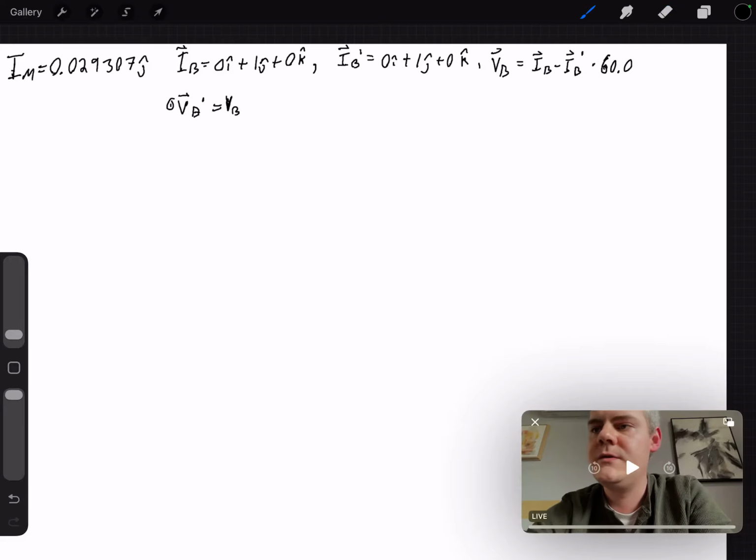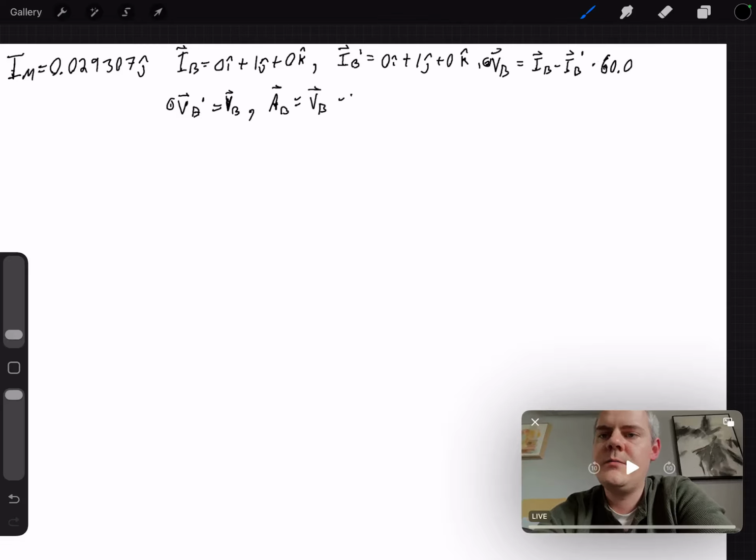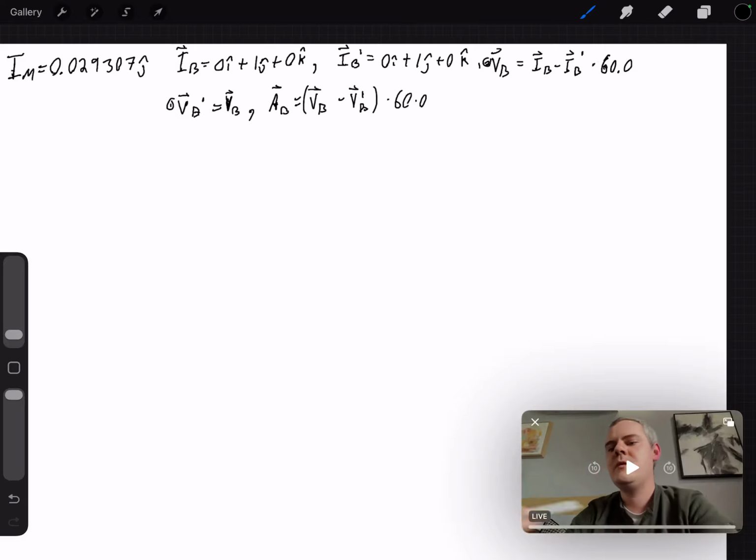This one happens first, and then this one happens. And then that sets up the ball acceleration, which is going to be, of course, the velocity of the ball minus the previous velocity of the ball, and that being multiplied by 60. So I'm multiplying by 60.